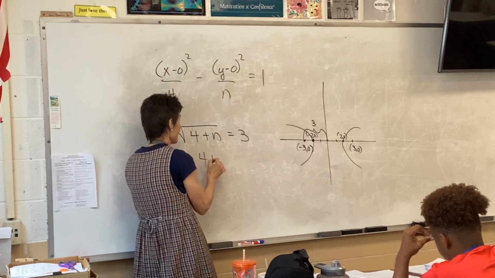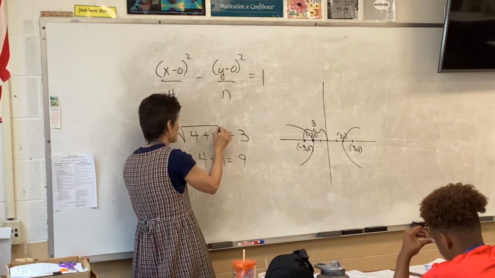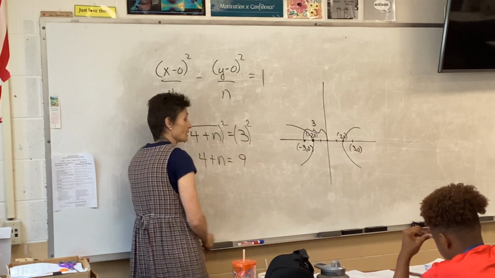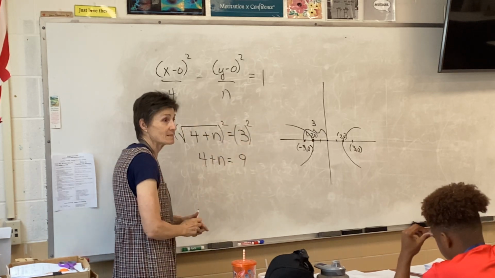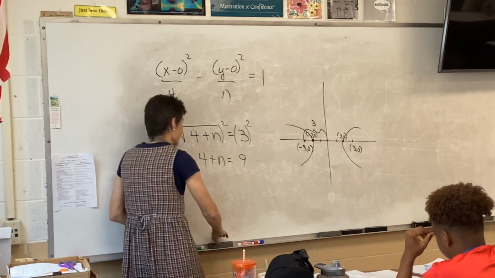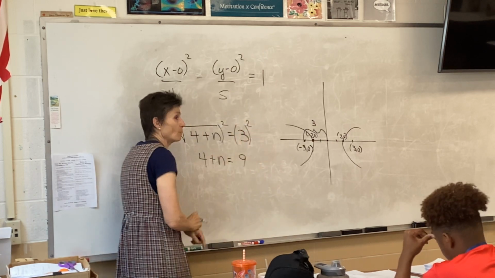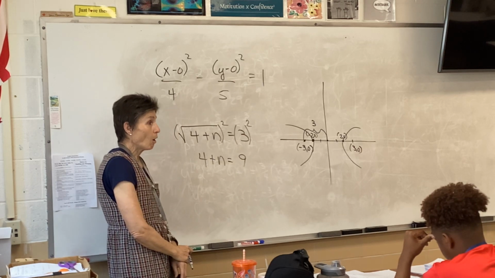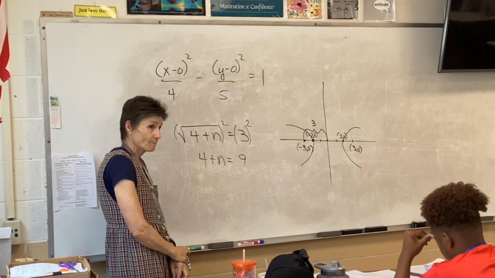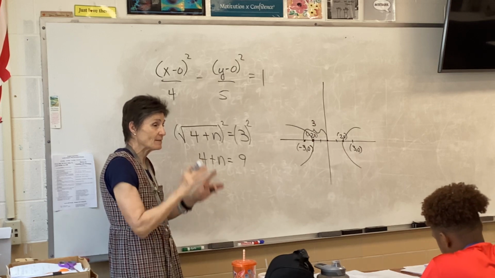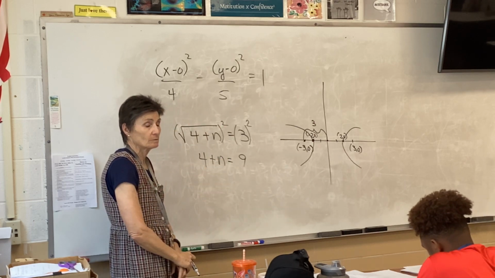So 4 plus something has to be 9 if I square both sides, which means that number has to be a 5. That's a tricky one to start with. But draw a picture of everything you have and then let your logic take over.